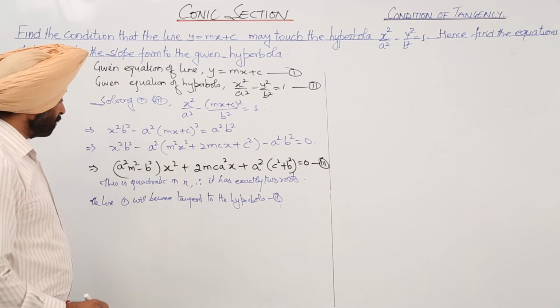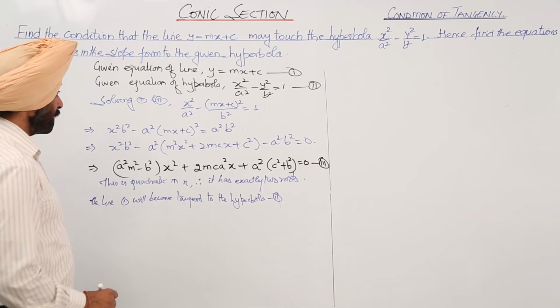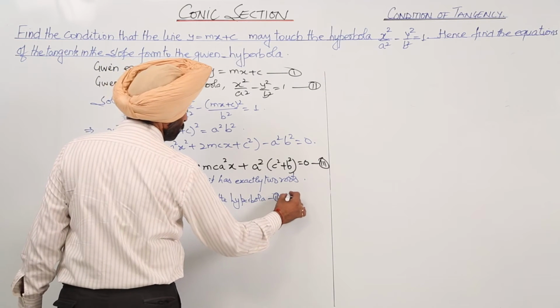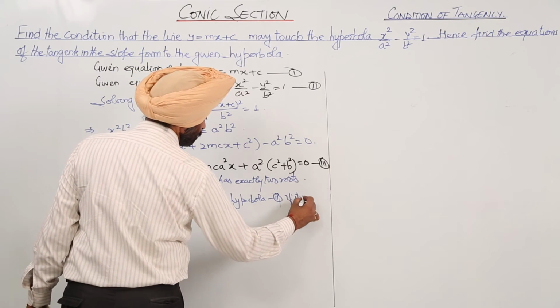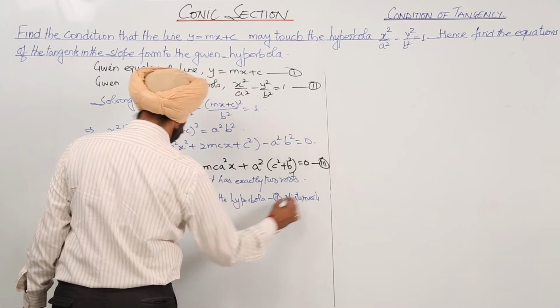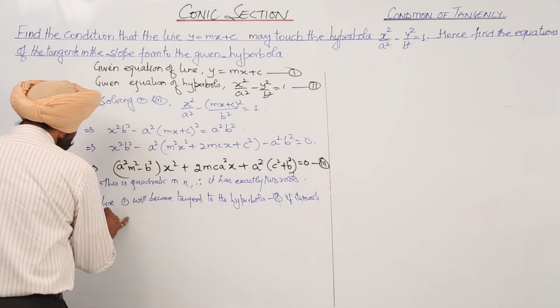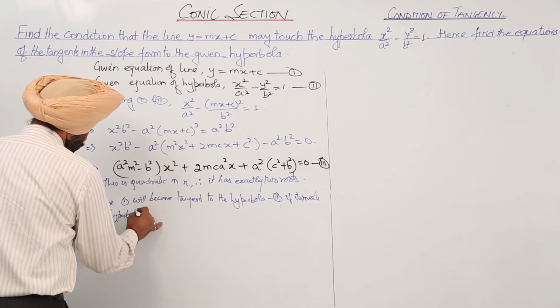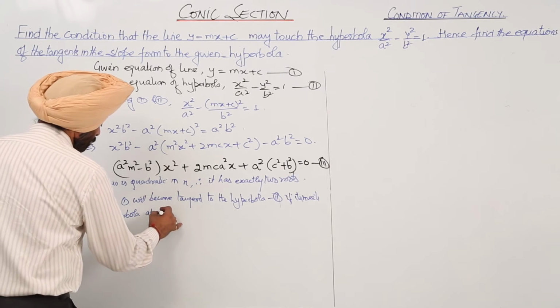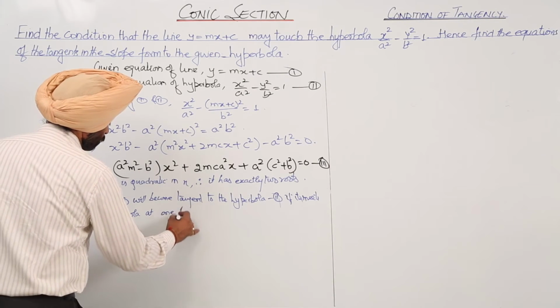The line will become tangent to the hyperbola if it meets the hyperbola at one point.